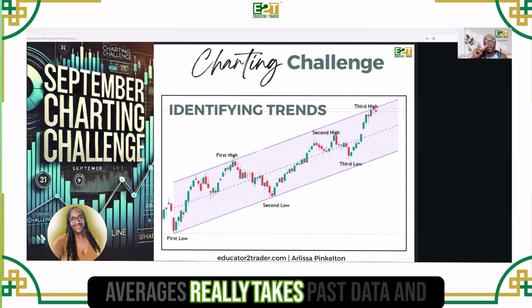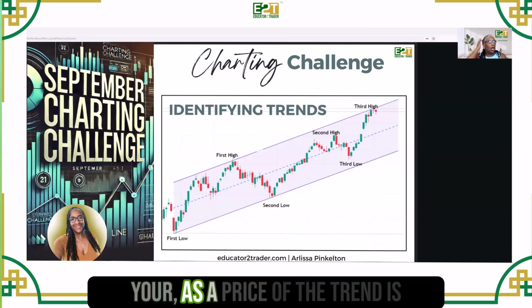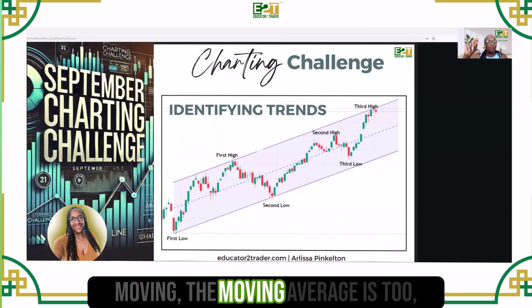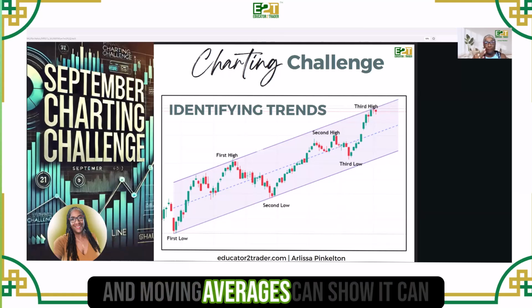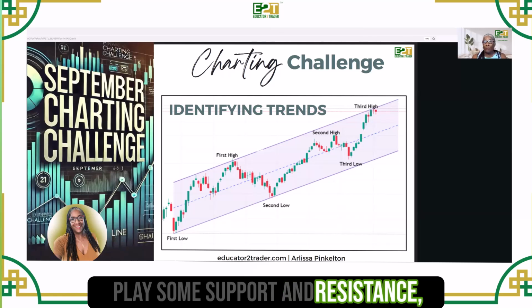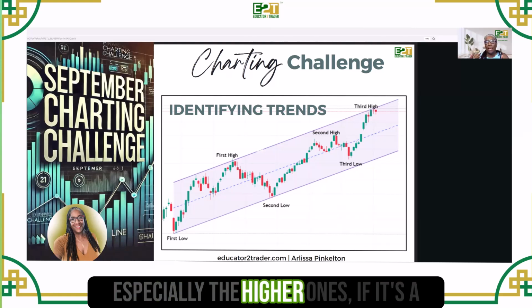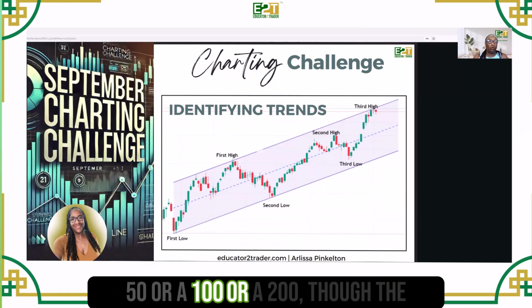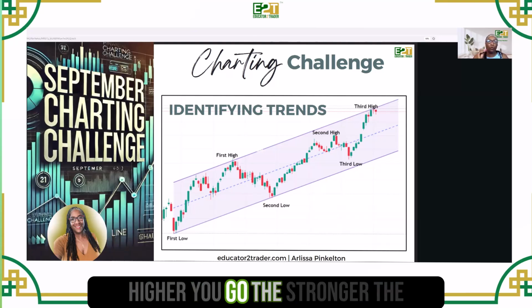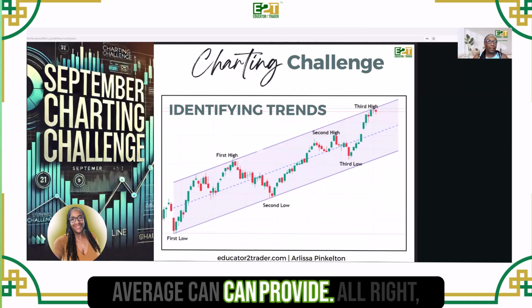Moving averages take past data and aggregate it, but you'll see that as the price or the trend is moving, the moving averages move too, and moving averages can play some support and resistance. So you need to know that if you're using moving averages, the 9, 20, 35, 50, especially the higher ones, like a 50 or a 100 or a 200, the higher you go, the stronger the support or resistance that moving average can provide.